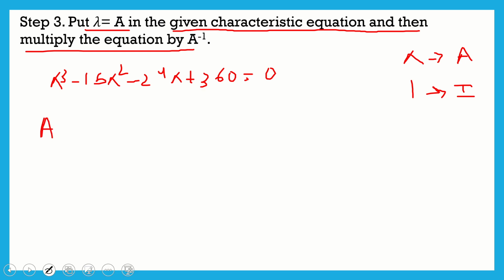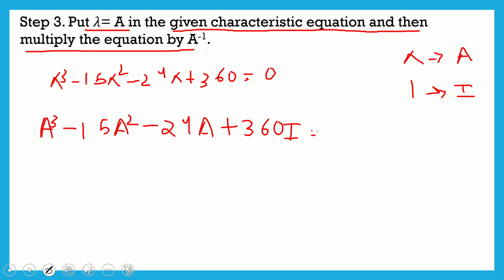Now see, we have to replace it with A cube minus 15A square minus 24A plus 360. So we cannot write 360 alone. If this is a matrix, this whole part should be a matrix. So we replace 1 by I. The right side is 0, and this 0 is a zero matrix. Don't compare it with a scalar 0.